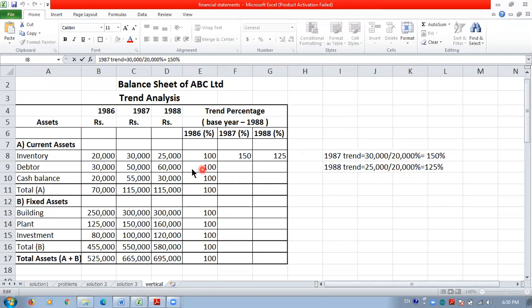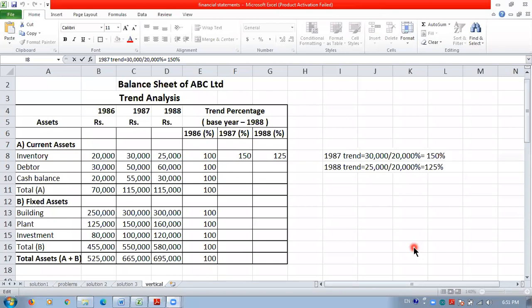In case of debtor, what will be the base? In case of debtor, what will be the base amount? Can you tell me? You can tell in the chat box. So what will be the base in case of debtor?